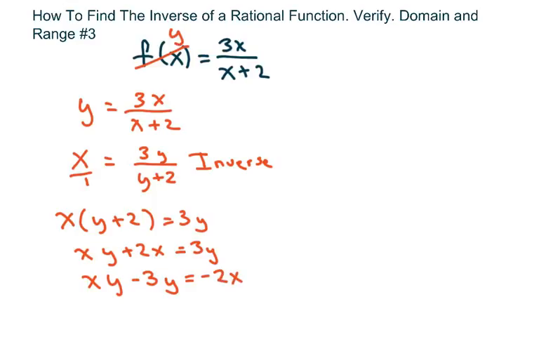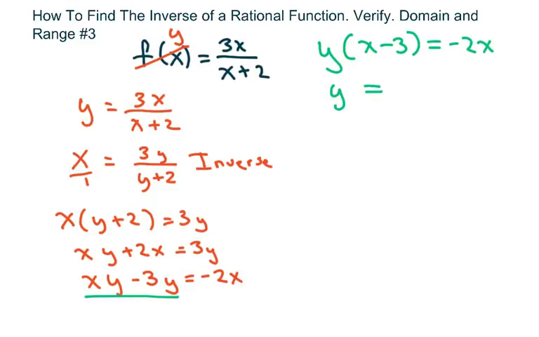Okay, so now I'm going to factor out my y here, and this will be y times x minus 3 equals negative 2x, and then divide both sides by x minus 3. And this is your inverse.